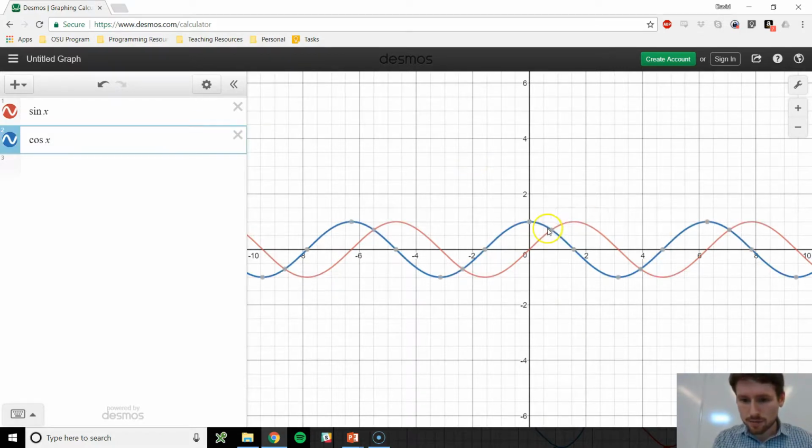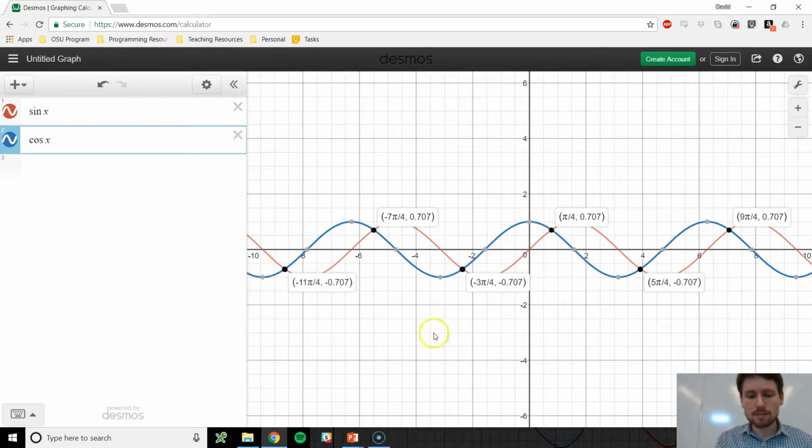So if we highlight again, that's pi over 4 and 5 pi over 4 and 9 pi over 4. And if we go backwards, negative 3 pi over 4, negative 7 pi over 4, negative 11 pi over 4. So that's the set I was describing earlier, where we've got pi over 4 plus a multiple of pi. Any multiple of pi added on to pi over 4 gets us all of these numbers. So there's an infinite number of x's, an infinite number of answers.